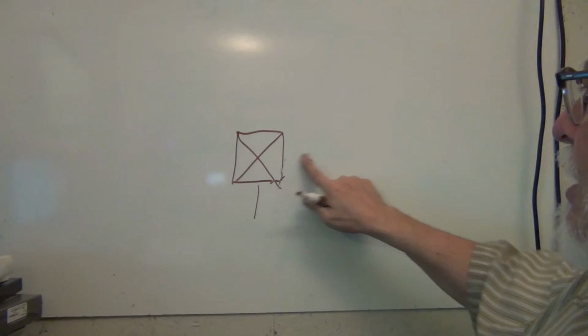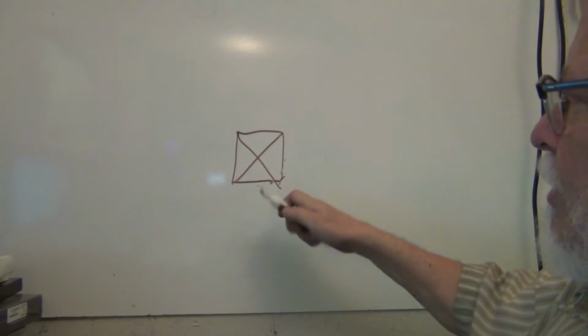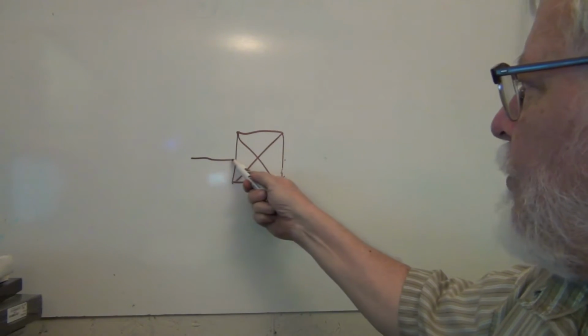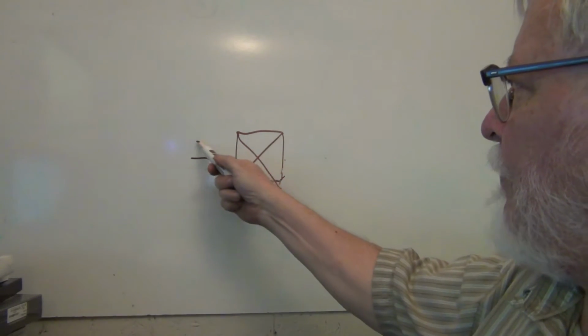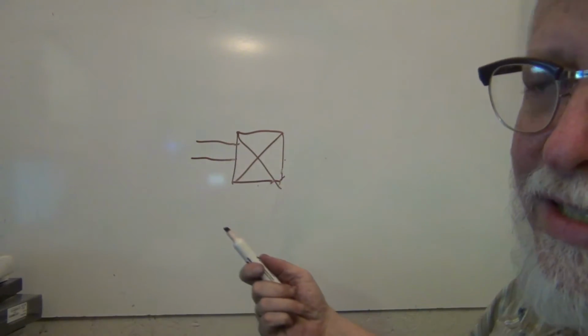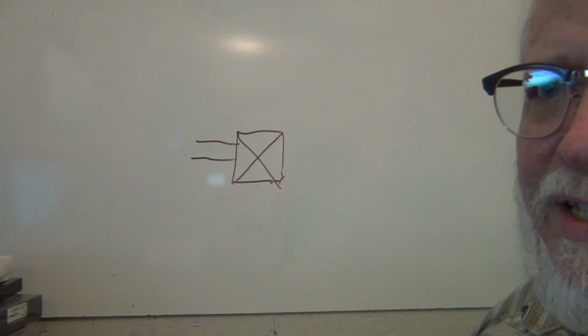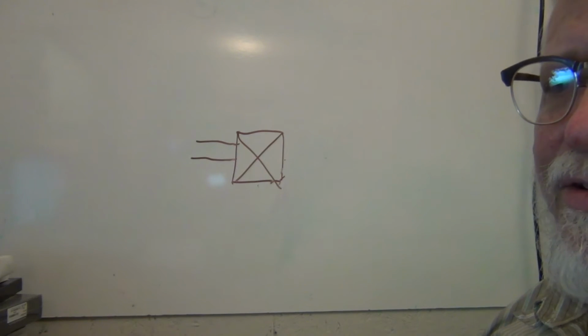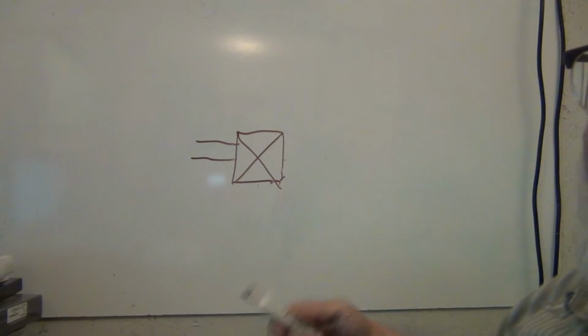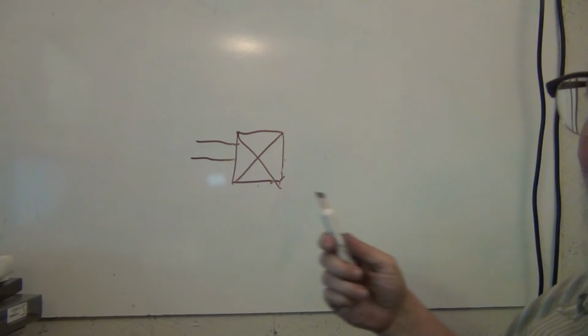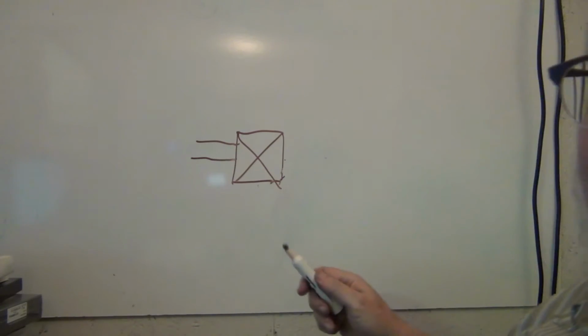Okay, what happens in a multiplier is that there's usually two inputs, and the two voltages literally get multiplied together and divided by 10. That's one of the little things that's kind of inconvenient.